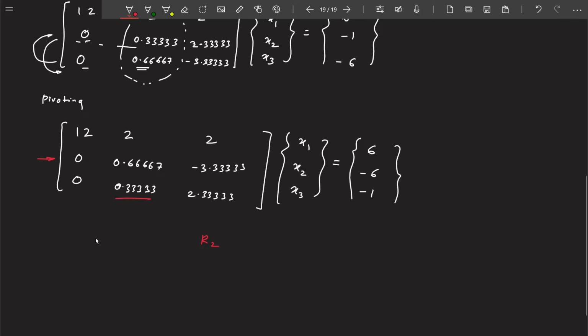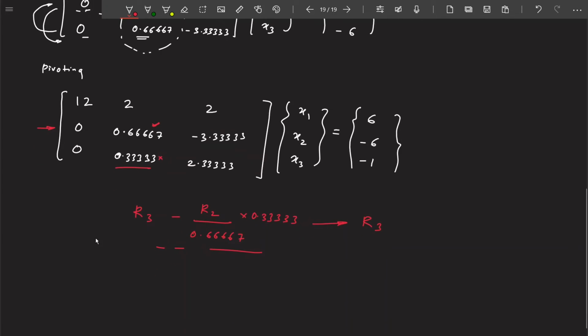You are going to first make this element 1, that is, divide it by 0.66667, and multiply with this value, that is 0.33333. Okay, and then we are going to subtract it from R3 and replace the whole R3 by this value.